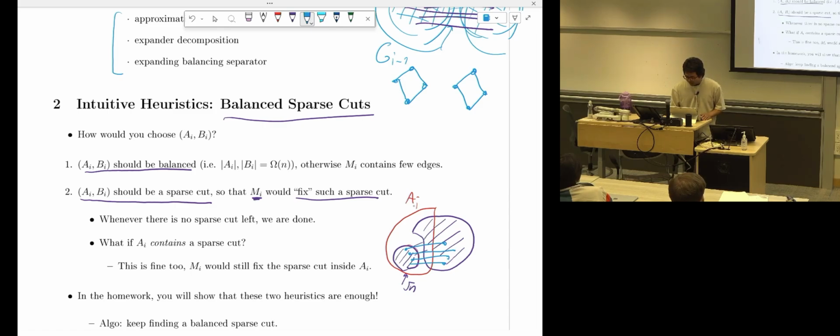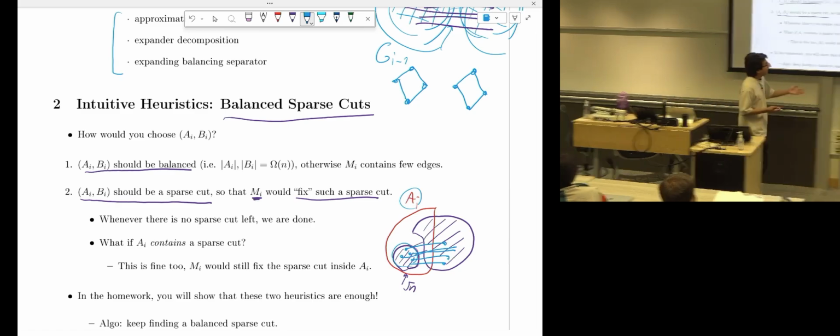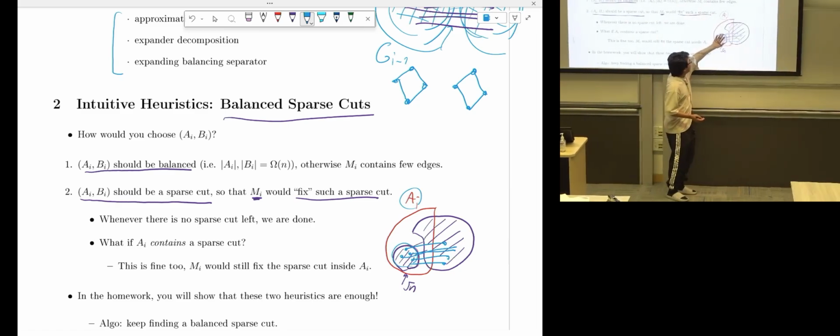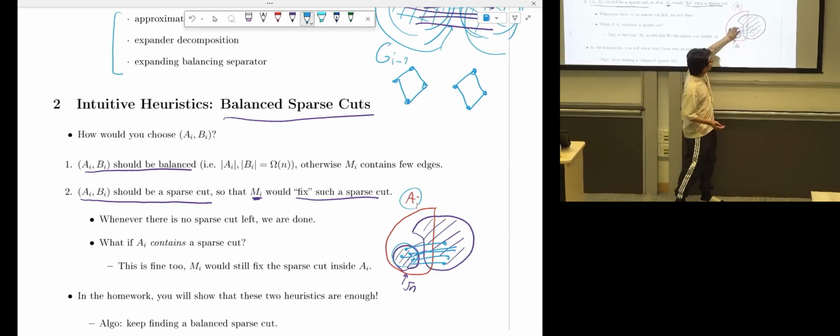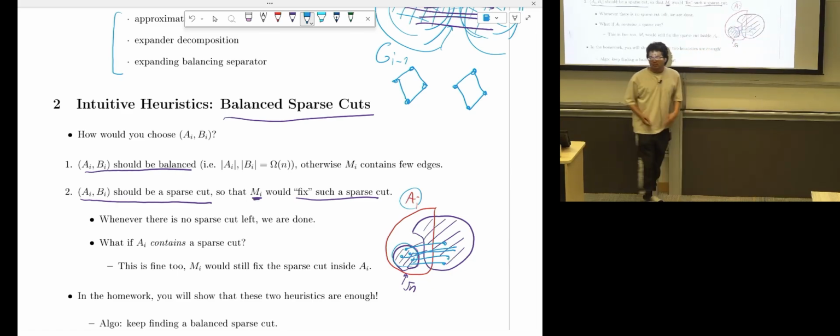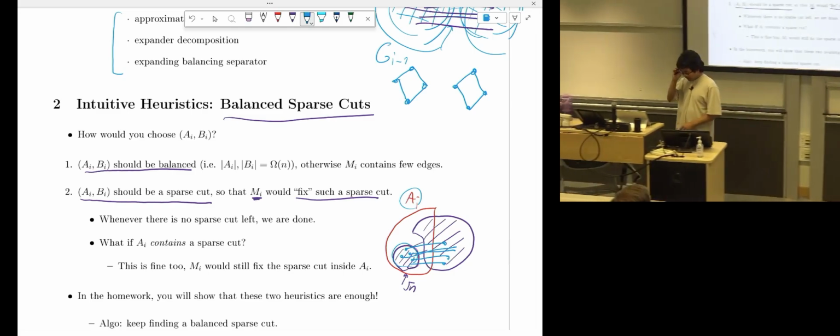So as long as A_i contains a sparse cut, the sparse cut that A_i contains will be fixed and will not be sparse anymore, because all these guys will have some edge outside of this set, not just to the complement of the component, but to somewhere else, far away.